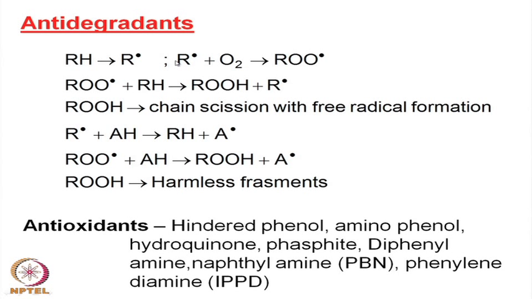Now, if it gets access to oxygen from the atmosphere, that forms a peroxy radical, ROO radical. So, once this is initiated on the surface of a rubber product that gets access to oxygen in the atmosphere, it forms a peroxy radical. This peroxy radical is far more active than the R radical.